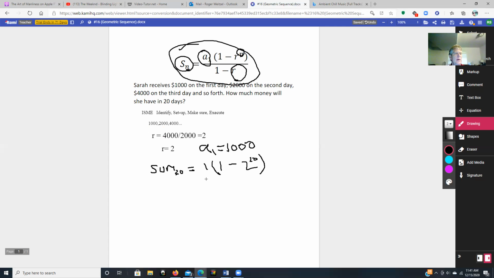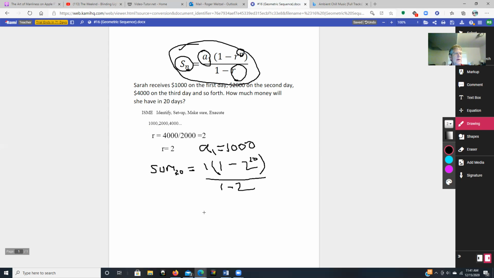And we're going to divide all of that by 1 minus r, which is 2. All right, let's just kind of simplify this as much as we can.